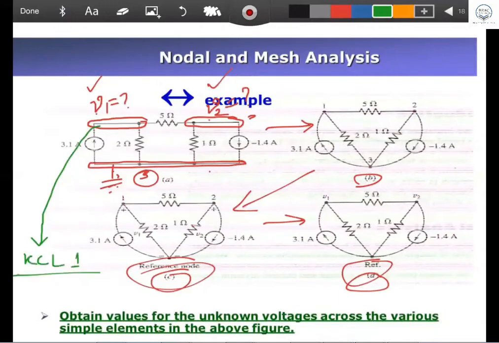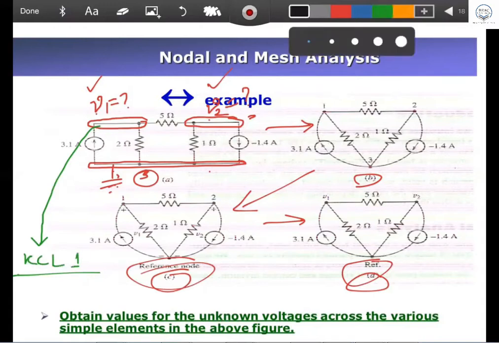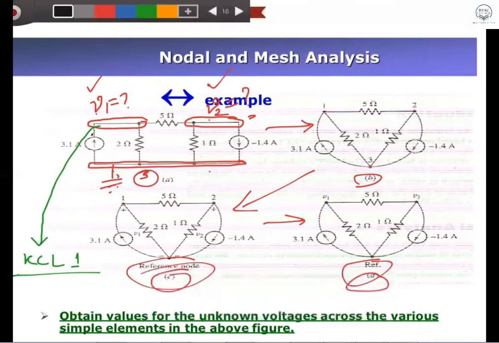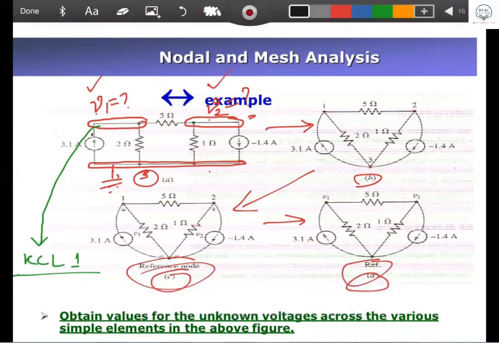Now in this node, if you want to apply the KCL, how many currents are involved? You can just go ahead and do this. This is the current coming in, because the source current I is coming in, so you cannot change this current.